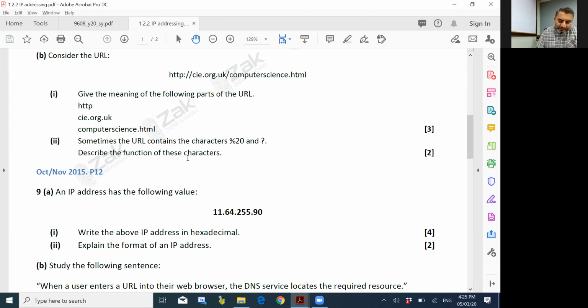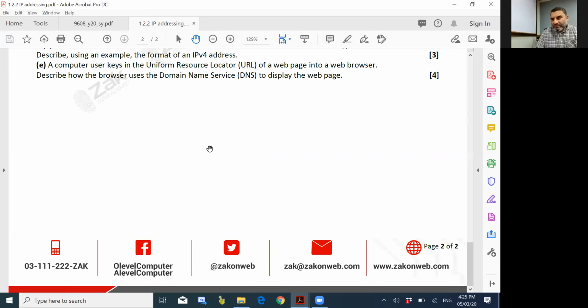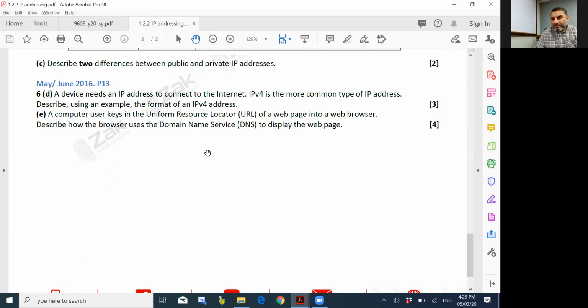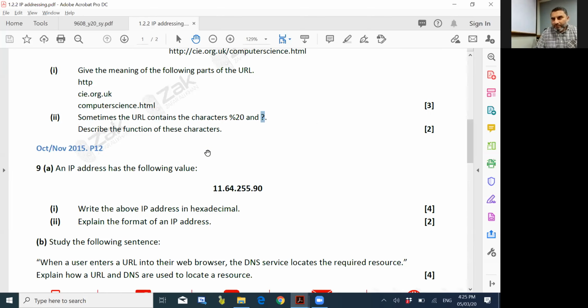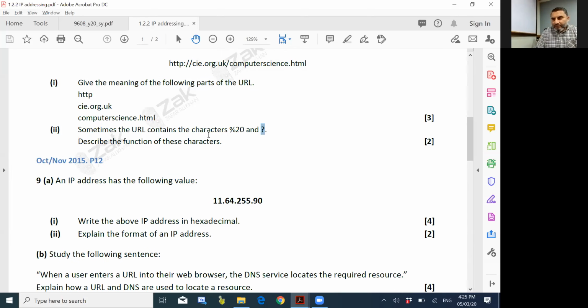Percentage 20 is encoded for a space, 32 in denary. And this question mark separates the URL from the parameters or variables. You will be able to understand it more after the discussion of scripts.